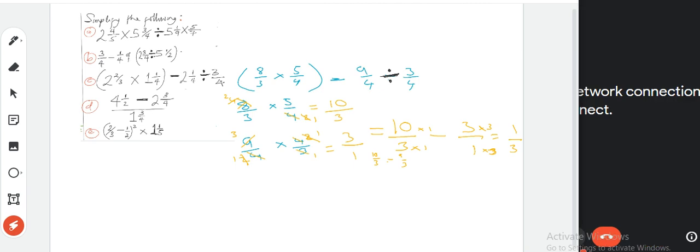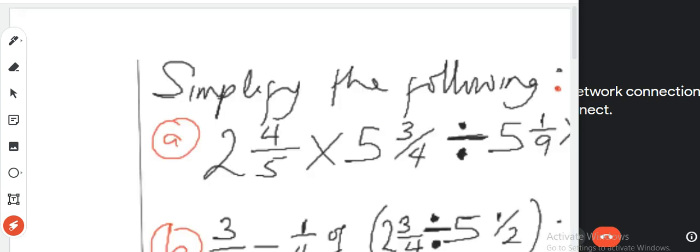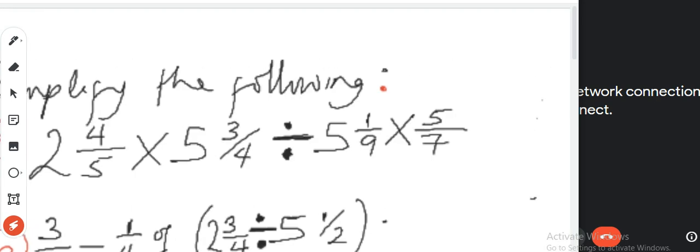All right. So finally you have 10 minus, that's 1 over 3. Let me zoom out very well and see the final thing you got here.